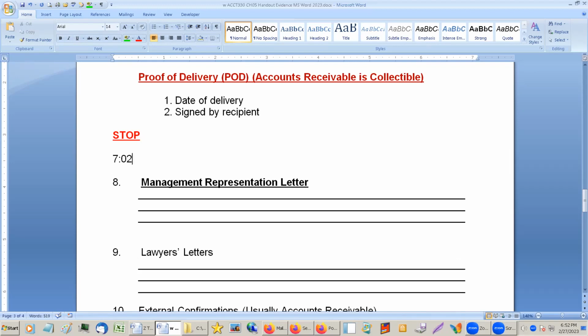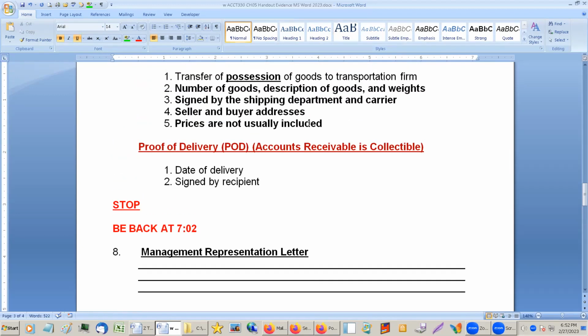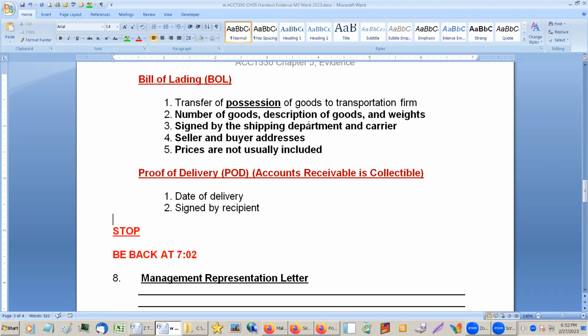Oops. Try it again. And then we're going to start looking at monetary unit sampling. Any questions? Okay.